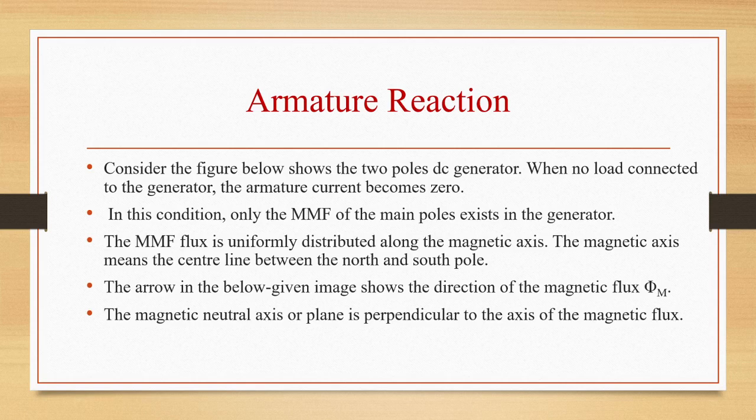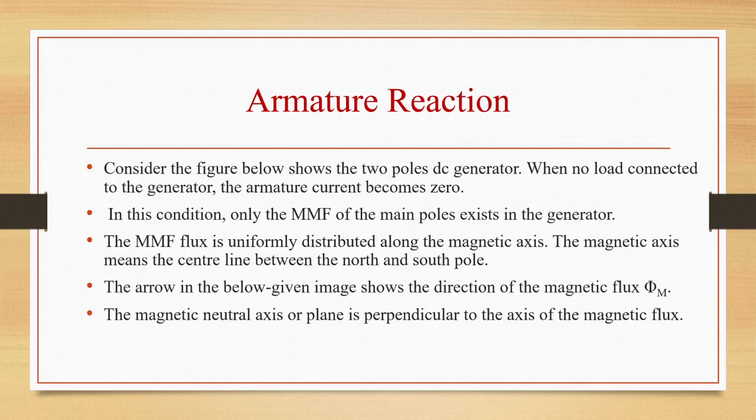Whenever no load is connected to the generator, armature current becomes zero. So in this condition, only the MMF of the main poles will exist in the generator. The flux is uniformly distributed along the magnetic axis, and magnetic axis means the center line between the north and south pole. The arrow in the image shows the direction of the magnetic flux phi m.